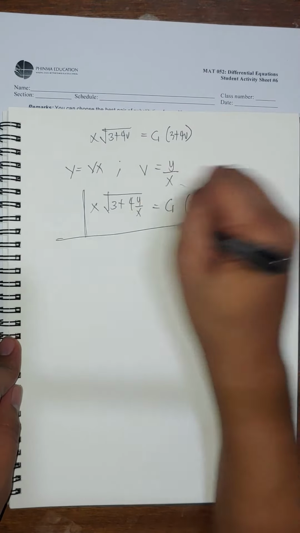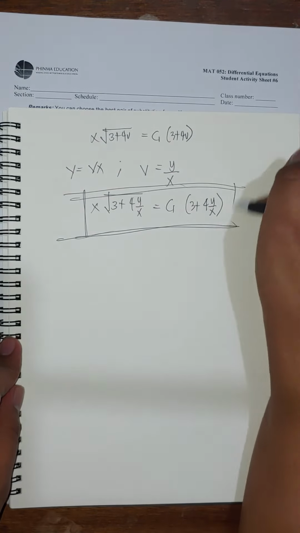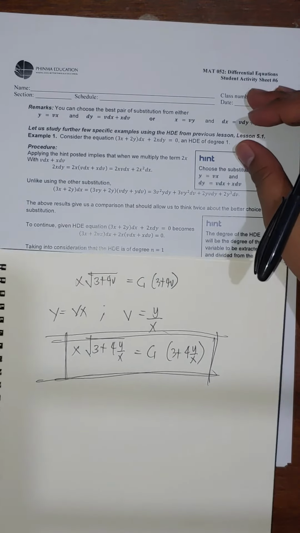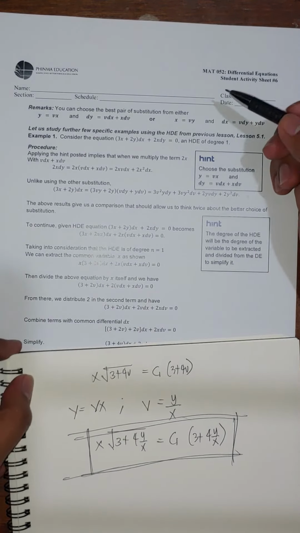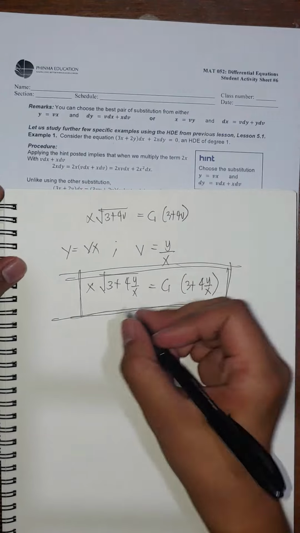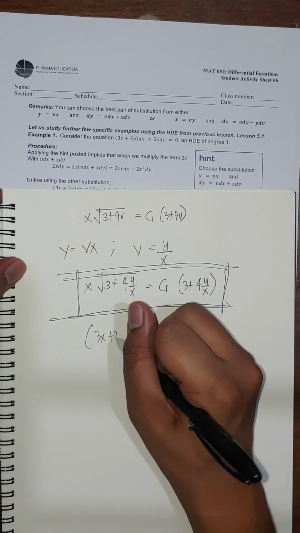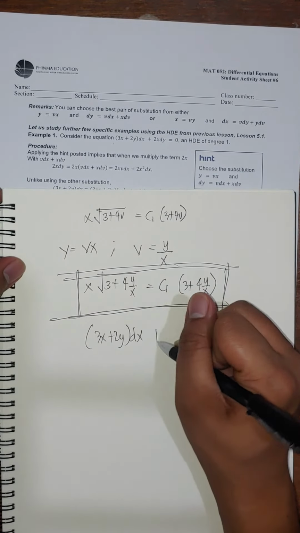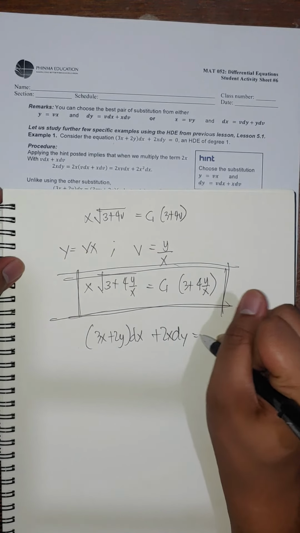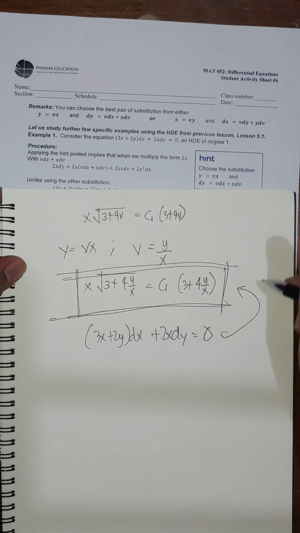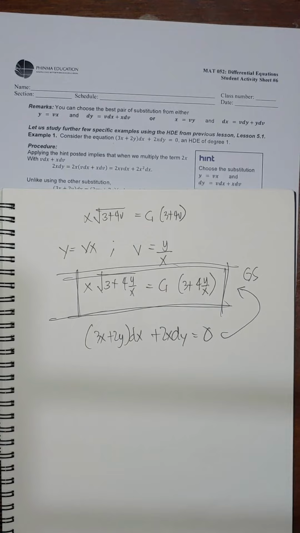So this is the general solution of this given 3x plus 2y dx plus 2x dy equals 0. This is the general solution of this differential equation.